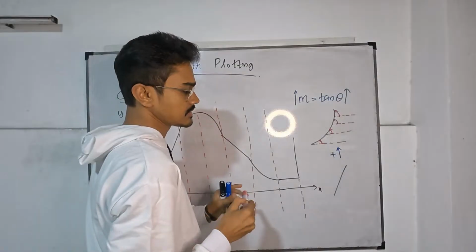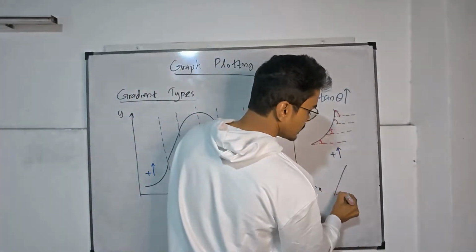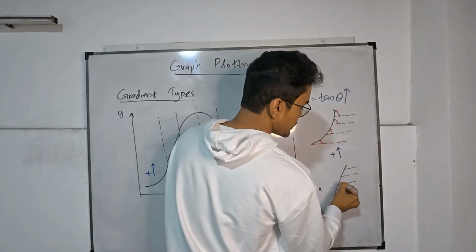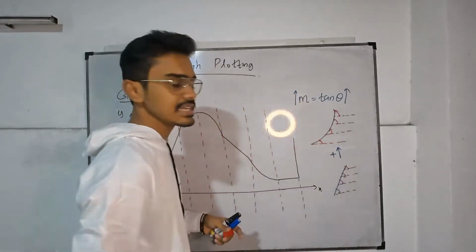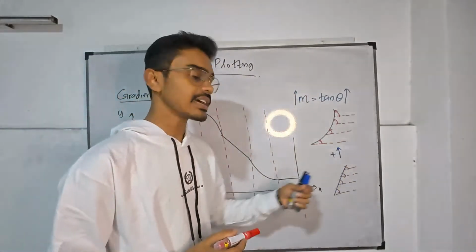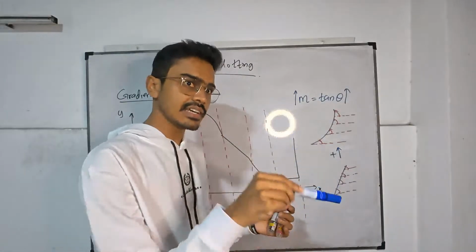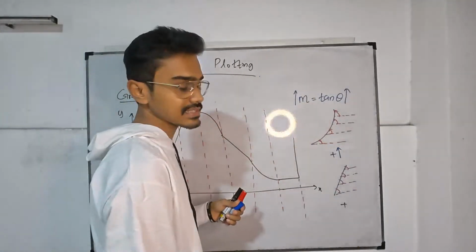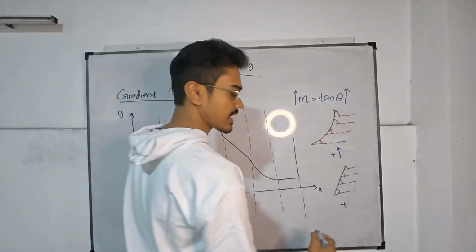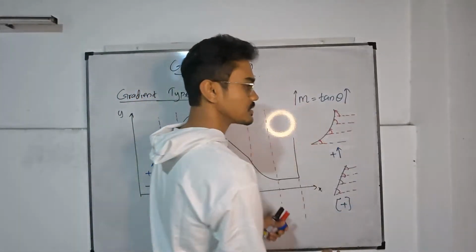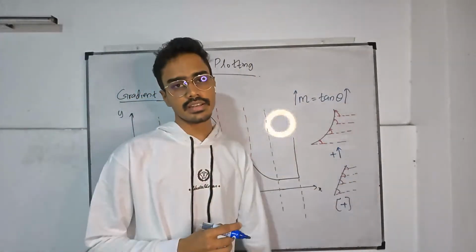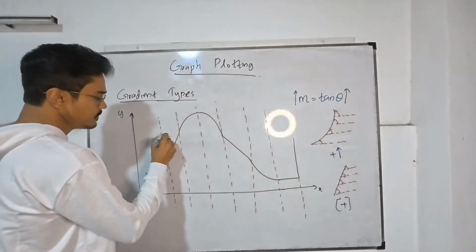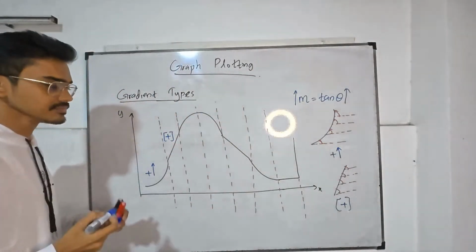If I check the angle, the angle is the same at any point. This is an acute angle. Since the angle is acute, gradient is plus. Since the angle remains constant, gradient remains constant. So this is called a positive constant gradient.